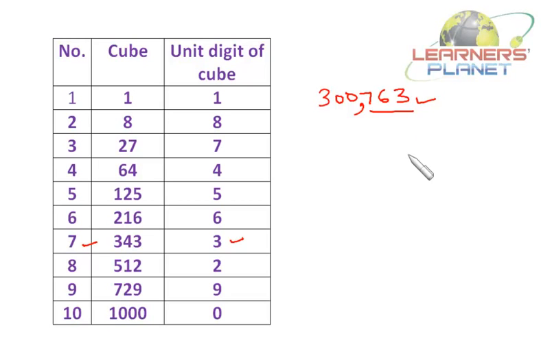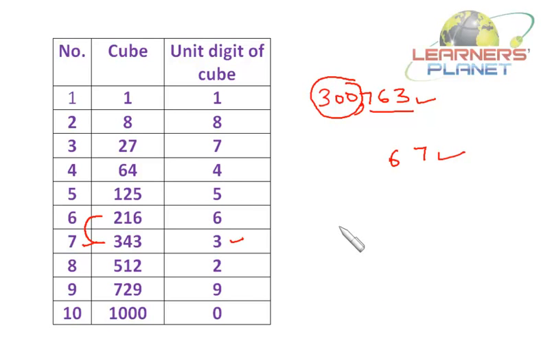So the cube root of this number will definitely have 7 at the units place. So we are clear with the units place. Now 300 lies between the cubes of 6 and 7. It's between 216 and 343. So the tens digit will obviously be 6. So the cube root of 300763 will be 67.